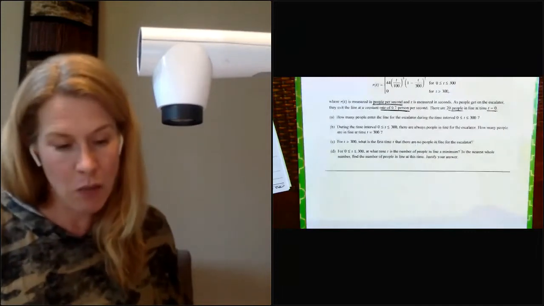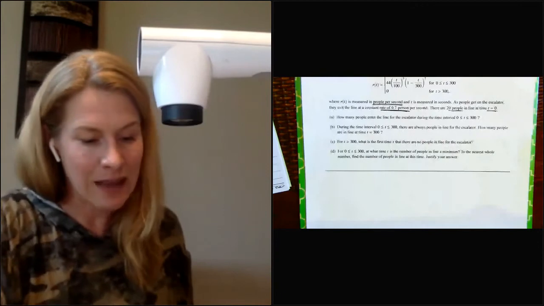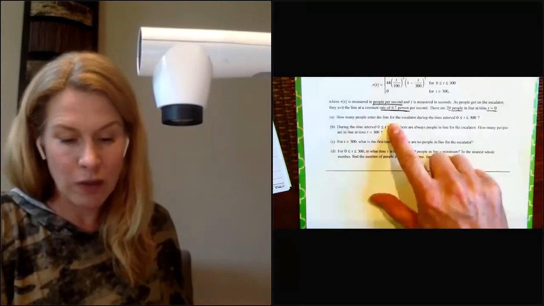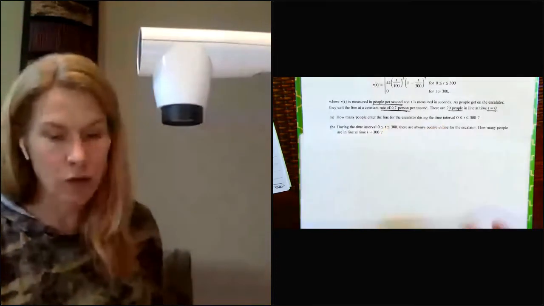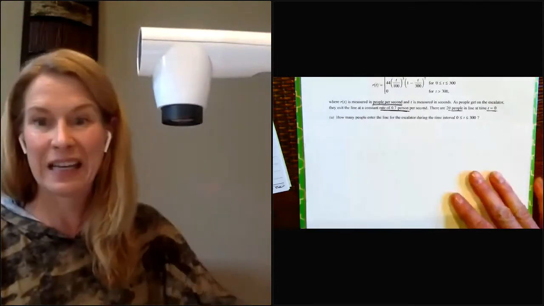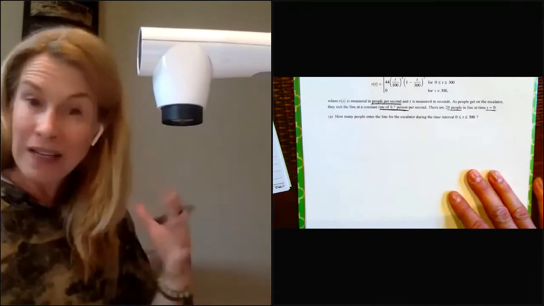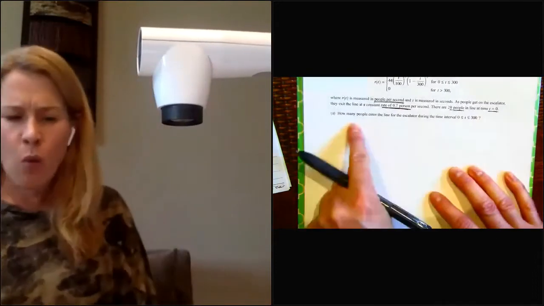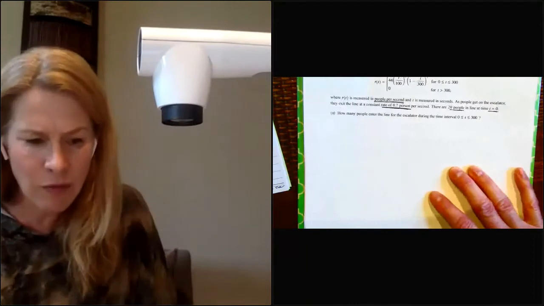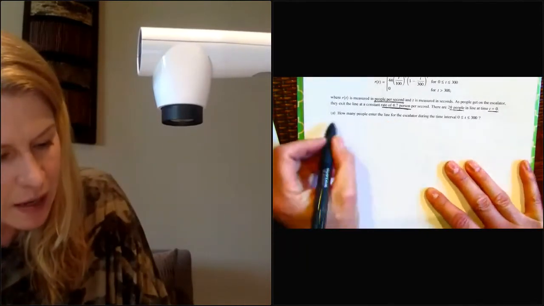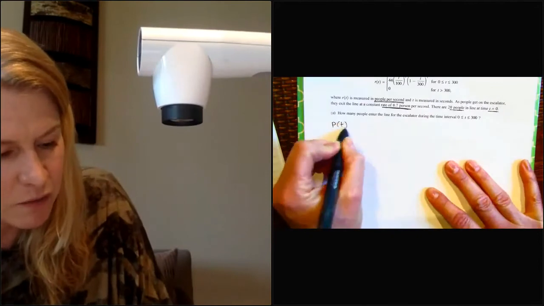So for instance, on problem 1A, it says how many people enter the line for the escalator during the time interval 0 to 300. So how many people are actually getting into that line? I'm going to write down a couple things, and I want you to start thinking about how we are going to figure that out. How do we figure out how many people get into that line? So I'm going to call it P of t.